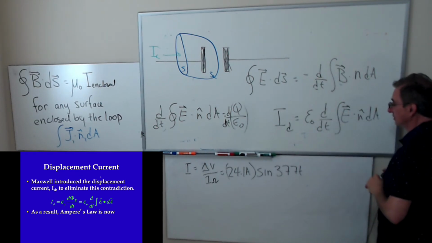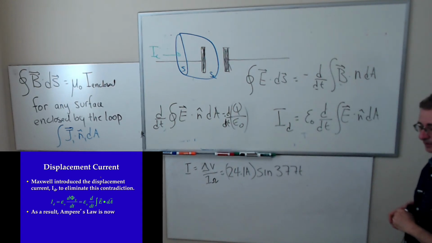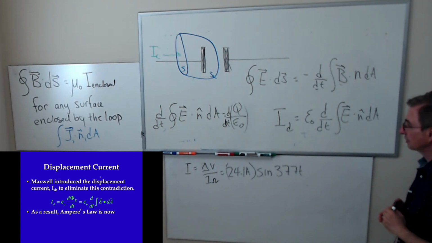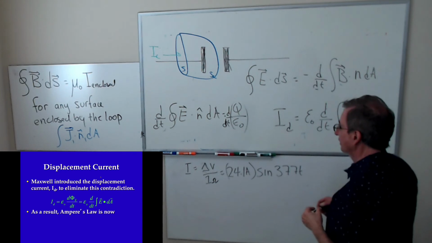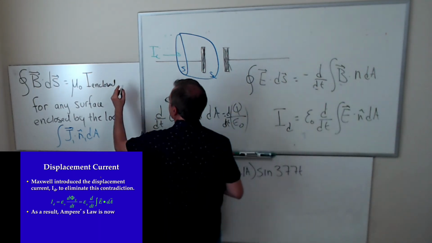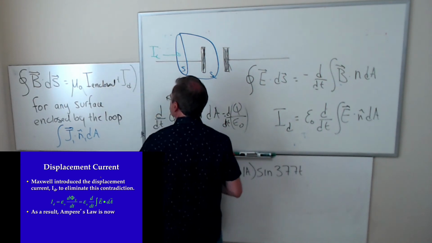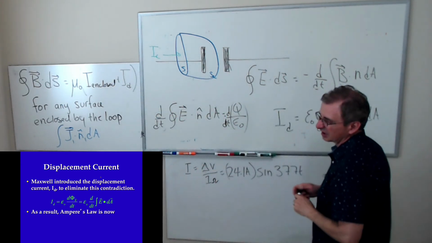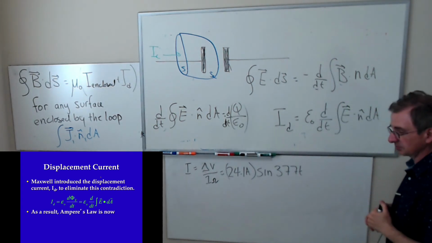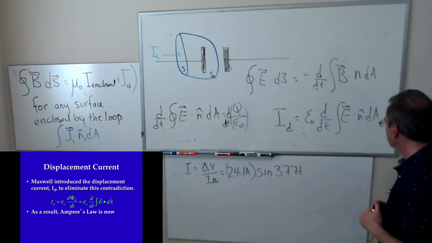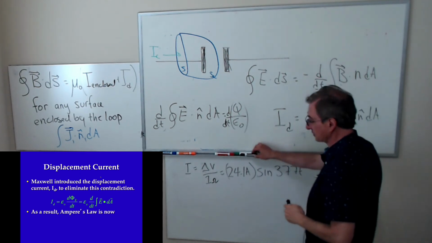And so now Ampere's law looks like this. It's called a displacement current, which is not a great name for it, but that's what they call it.